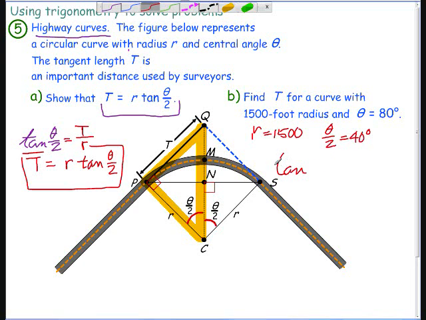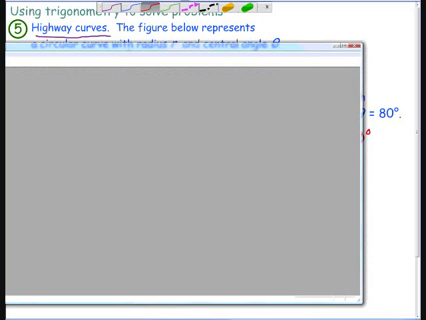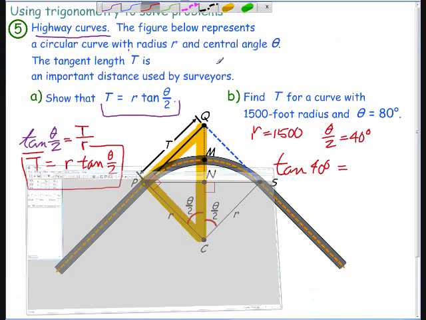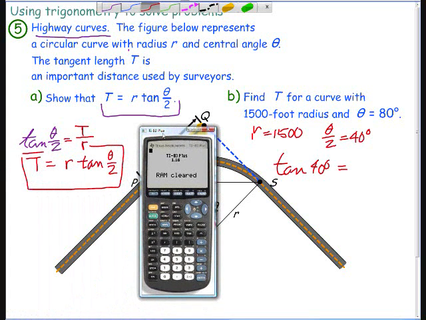Tangent of 40 degrees. We need our calculator here, don't we?